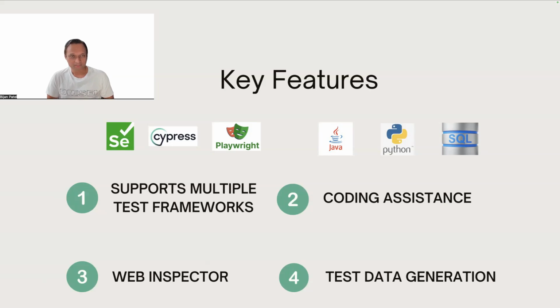Also, a dedicated feature for test automation, which is the web inspector. Now, in most of the cases, we generally use some browser plugins or we use the browser development tools in order to inspect our elements, which is very much a necessity for test automation.